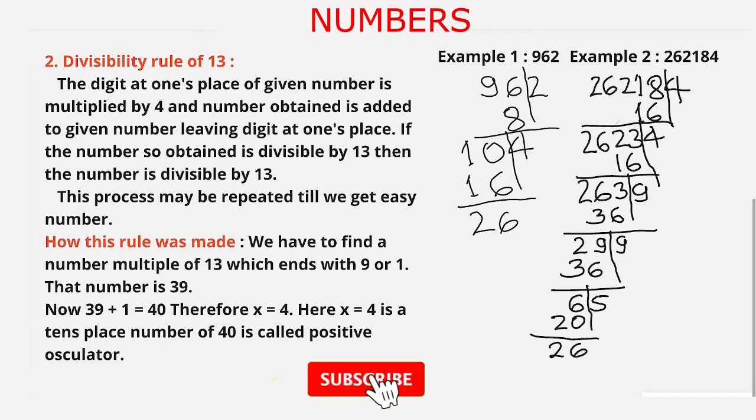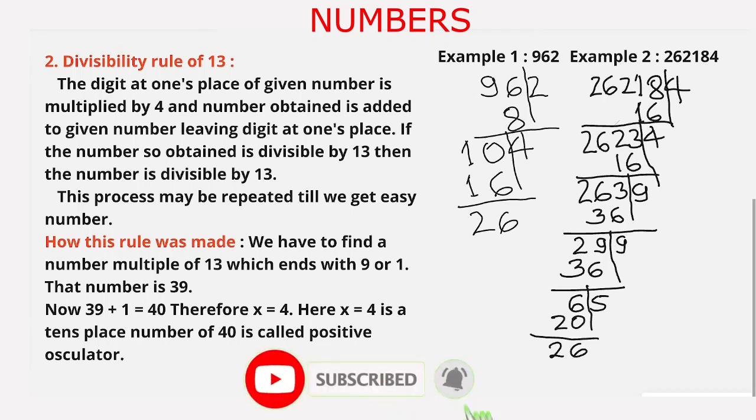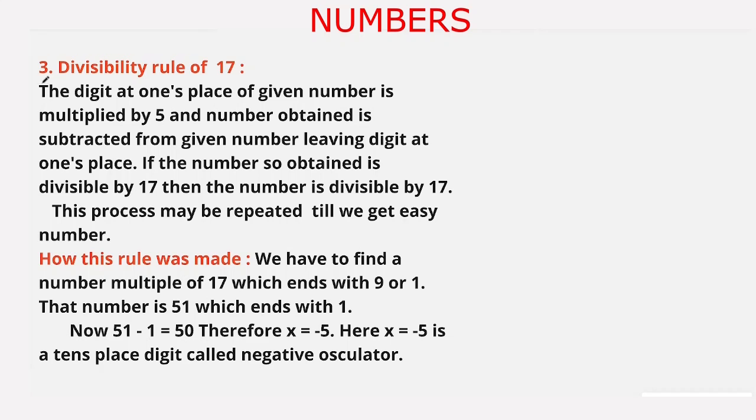Now we will learn to make the divisibility rule of the next prime number, 17. Point 3. Divisibility rule of 17. The digit at the ones place of the given number is multiplied by 5 and the number obtained is subtracted from the given number, leaving the digit at the ones place.